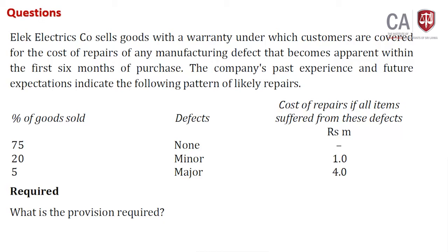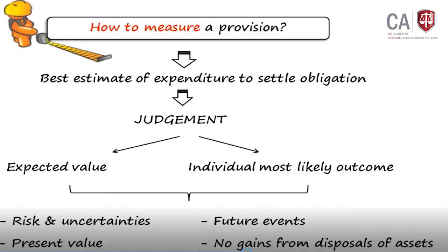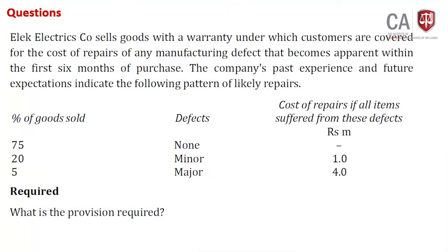The company's past experience and future expectation, future events, right? It's a result of a past event, but future expectation indicates the following pattern of likely repairs. If you go back to the previous slide, it's a future event, right? Future events. So, future expectation indicates the following patterns of repairs.